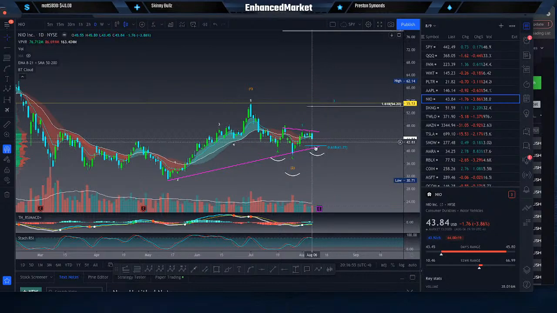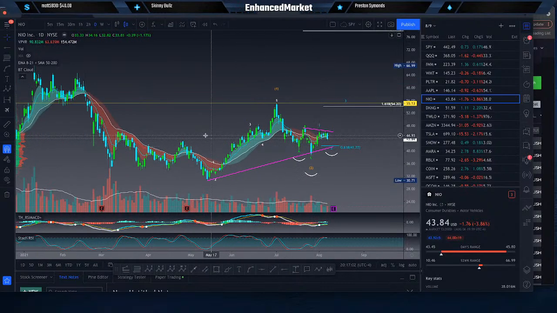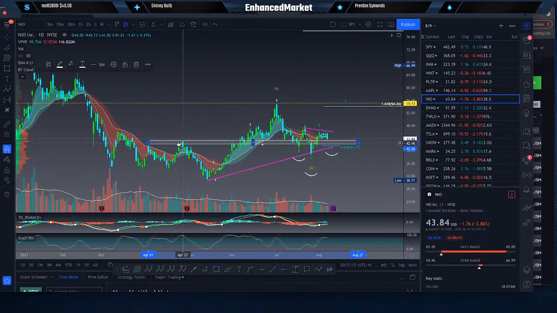So if we see some downside and we hold these lows right here, right? We have some confluence right here between this trend line, the 618, previous highs right in this region, right from this resistance level all the way up to this level right here. This is a pretty high area of demand, right?